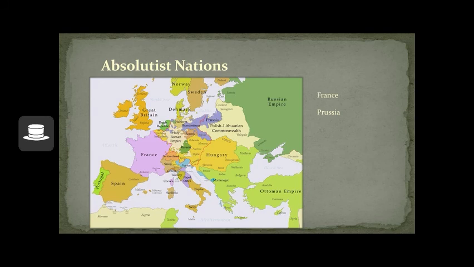Now, Prussia is going to emerge out of an entity called the Holy Roman Empire. Now, this is often a confusing term because the Holy Roman Empire doesn't really have anything to do with the old Roman Empire. On this map, you can see the outlines of it in red.